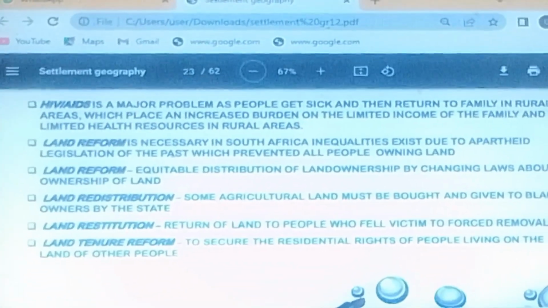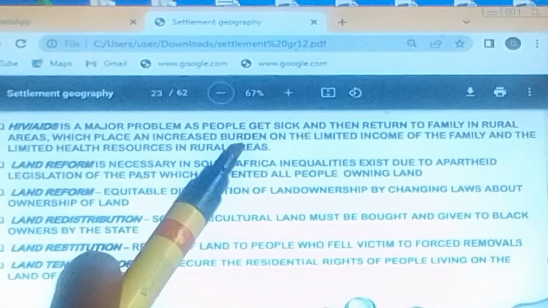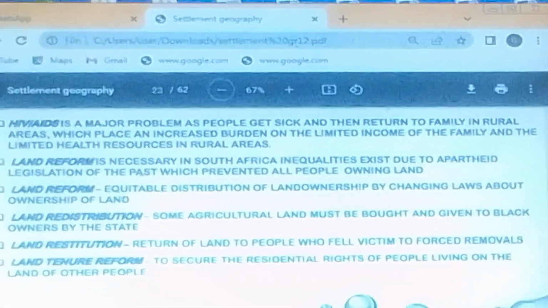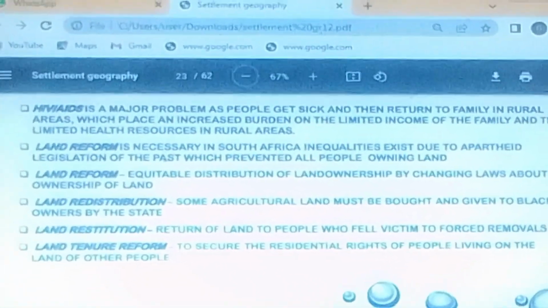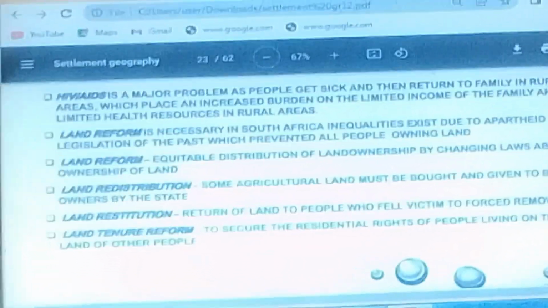Some agricultural land must be bought and given back to black owners by the state. Land restitution, return land to people who fell victim to forced removals, especially in the apartheid era. And also implement land tenure reform to secure residential rights of people living on their land.